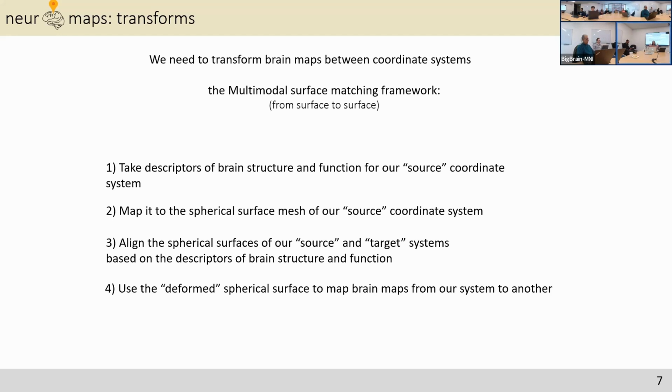And then what you do is you align the two spherical representations of these surface meshes in the two coordinate systems, such that whatever descriptor you're using, so sulcal depth, for example, is aligned on the two maps. And then you use the rotated surface mesh that is in spherical format, and you use that to do the transformation.